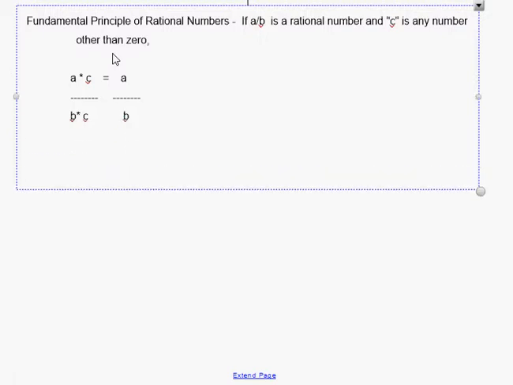The rational numbers A over B and A times C over B times C are called equivalent fractions.